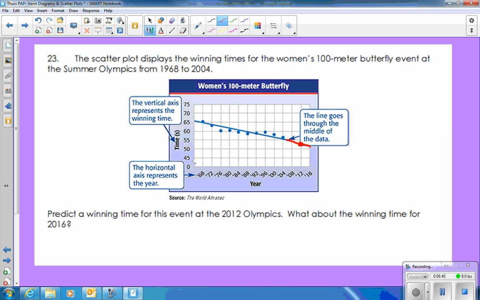And if you notice, it hits that 2012 Olympics right about 52.5 seconds. So that's what scatter plots are good for: using current data, coming up with a line that can be used to somewhat predict the future information.